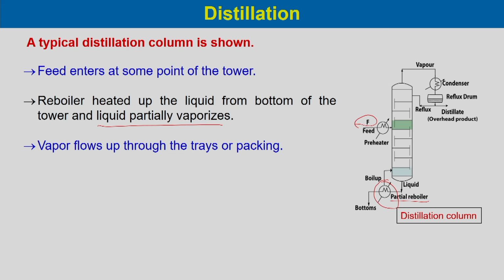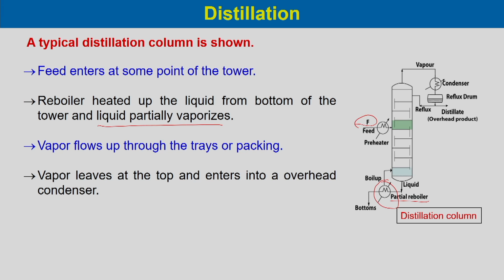Vapor flows up through the trays or packing. If it is a packed tower, it flows through the packing, and if it is a tray column, it flows from tray to tray. The vapor leaves at the top and enters an overhead condenser.